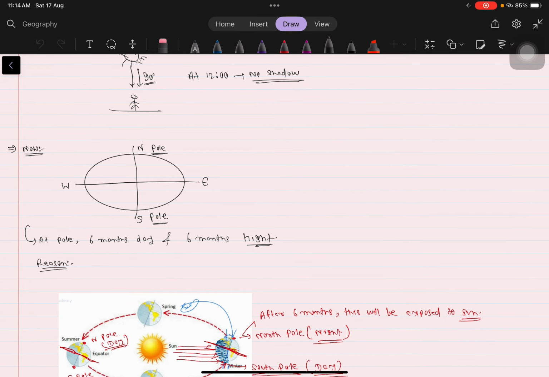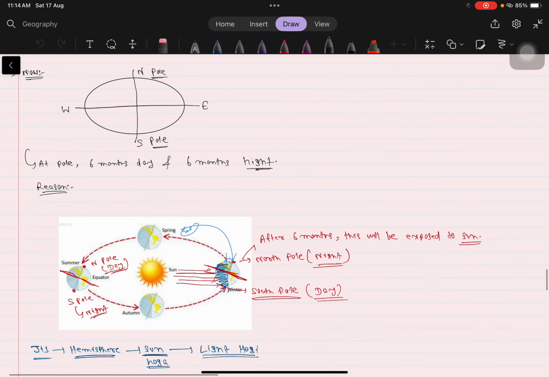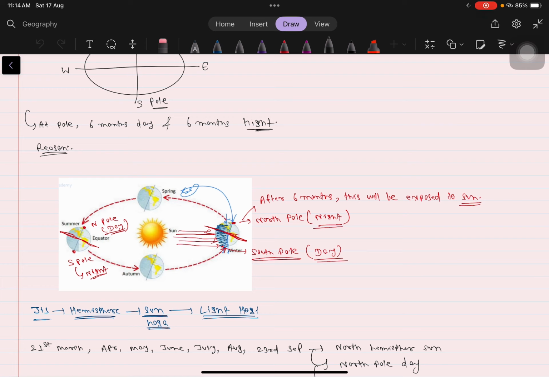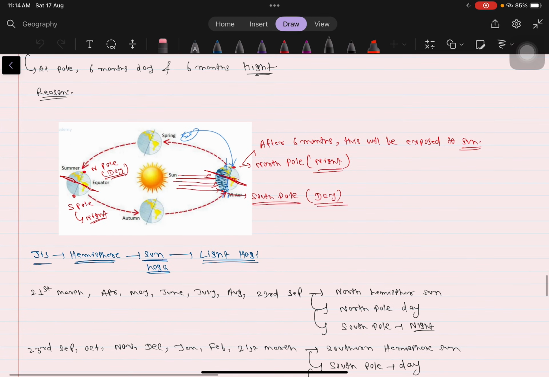Now talking about the poles, at the pole it will be 6 months day and 6 months night, as it will be away from the sunlight. Let's see, when the southern hemisphere is exposed to the sunlight, it is summer, so it is day at the south pole and night at the north pole, and the same applies when the sunlight reaches the northern hemisphere.